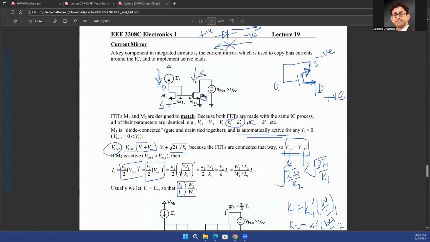If your W over L ratios are the same, then I2 will become I1. If the W over L ratio of the transistor M2 is 2 times that of transistor M1, then the current through M2 will be double the current through M1. So it can be a ratiometric calculation: I2 over I1 is going to be the ratio of W over L for transistors M2 and M1.